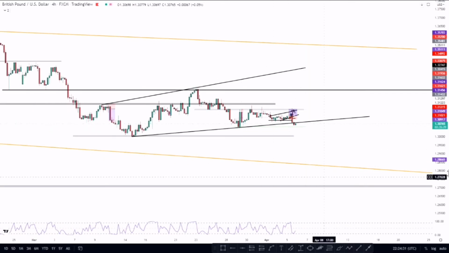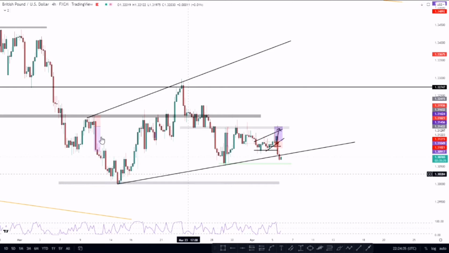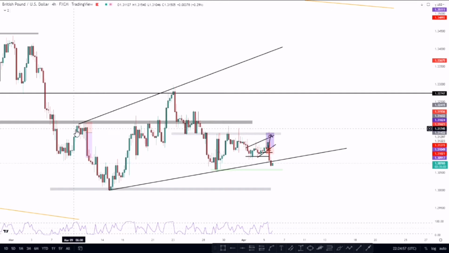Okay, so what is this that we're seeing here? Here's the channel in the channel. So I drew this one up. You can see we have double touches on this resistance trend line, and then triple touches on this support trend line. If you take a look here, this would be our 1, 2, 3, and then 4, and then this was kind of like a retracement move.